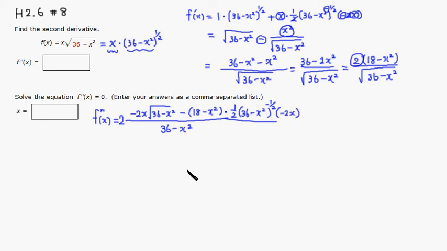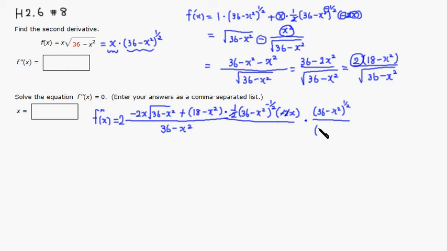All right, then try to simplify as much as possible. So you can see that the 2 cancels out with the 2 on top, right? Then here's a negative sign and a negative sign, so it's going to be positive. And there's a square root of 36 minus x squared, and there's a reciprocal of that. So what I'm going to do is multiply the numerator and the denominator by 36 minus x squared to the 1/2 power, right?